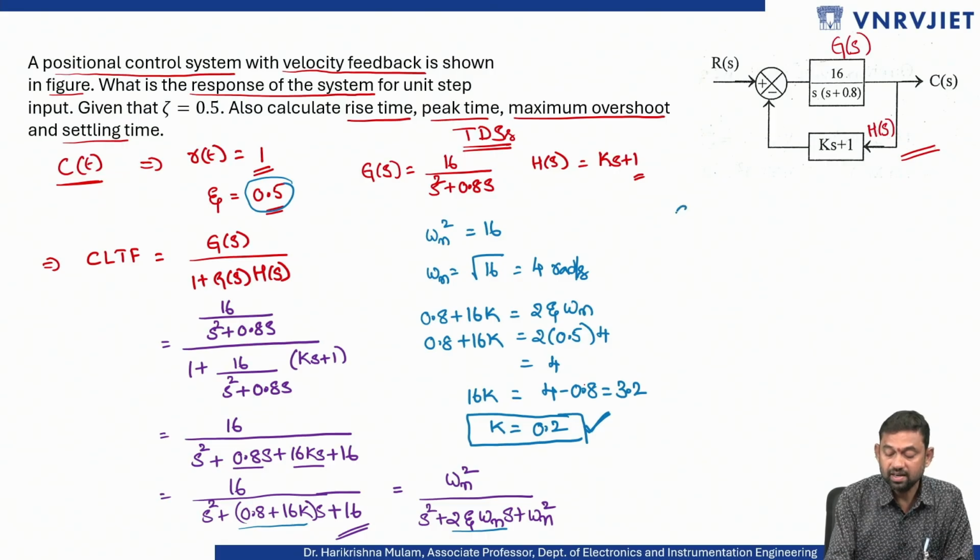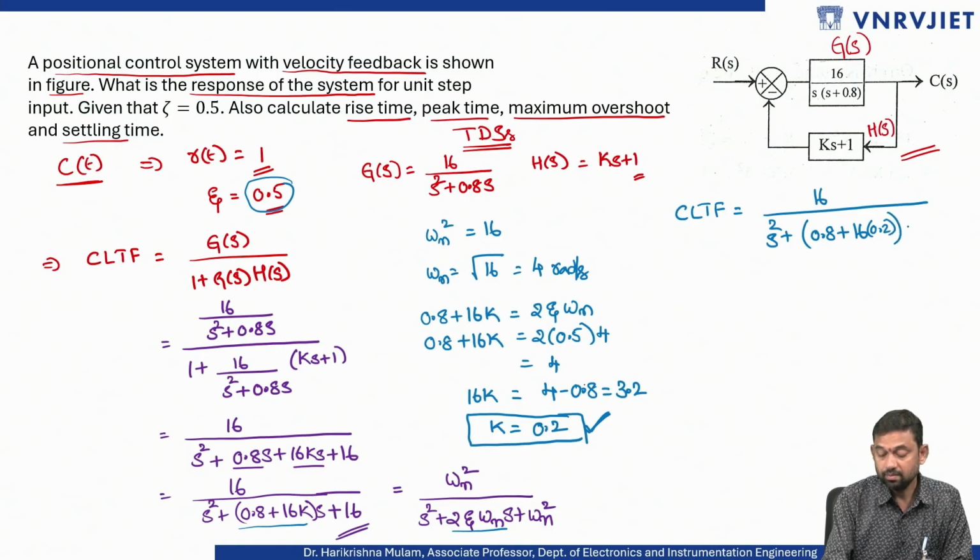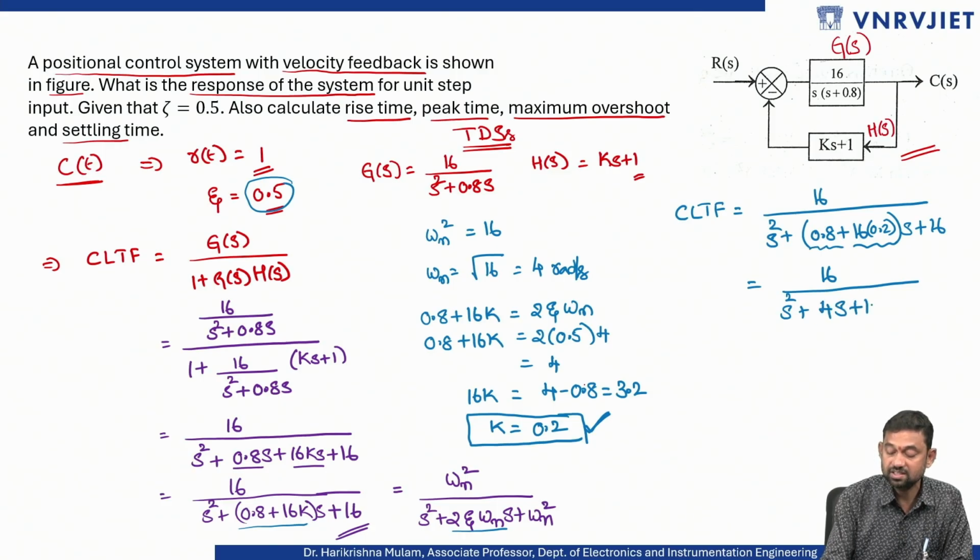And therefore, finally, let me find the final expression for the closed loop transfer function, which is equal to 16 by S square plus (0.8 plus 16 into K, that is 0.2) times S plus 16, that is equal to 16 by S square plus (3.2 plus 0.8, which is) 4S plus 16.